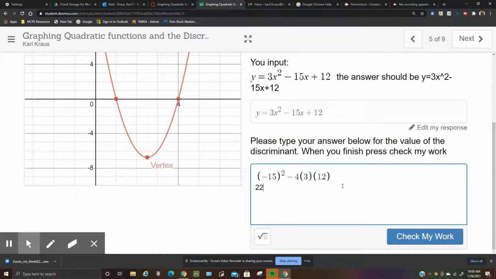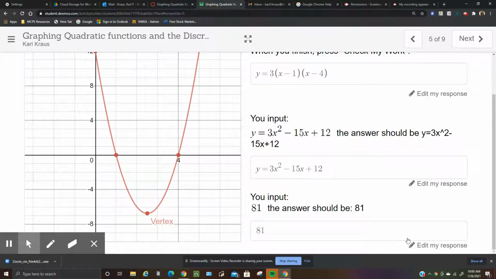So we got 225 minus 144 is 81. And that makes sense because I have 2 real number solutions there. So I input 81 and the answer should be 81.